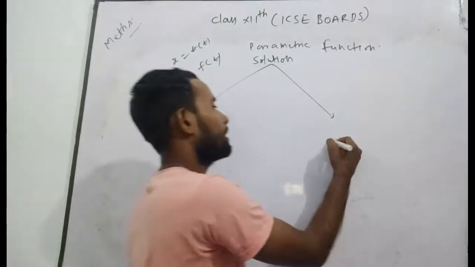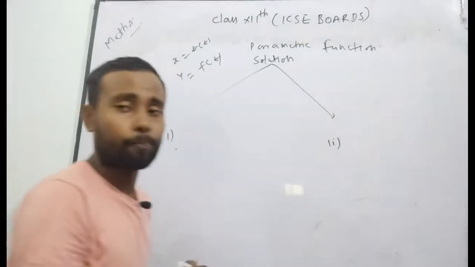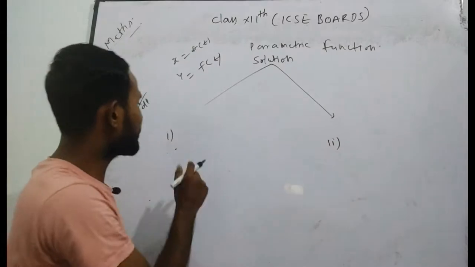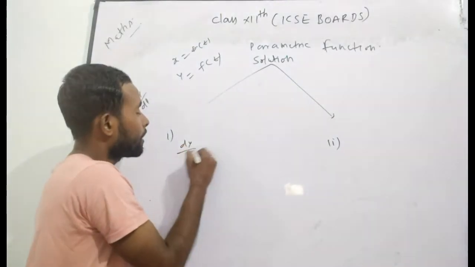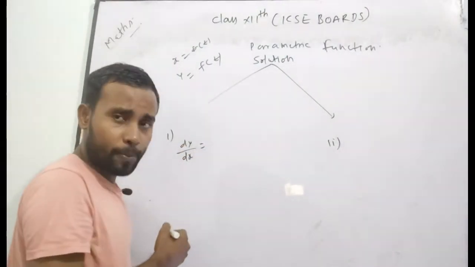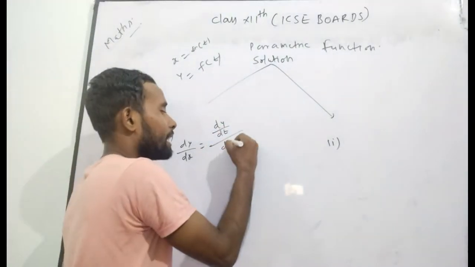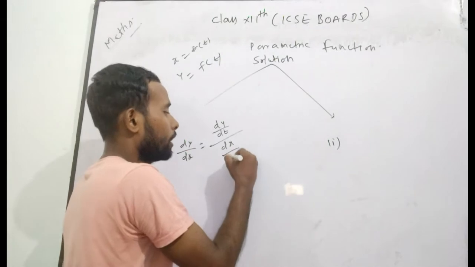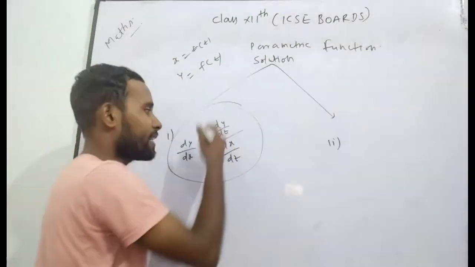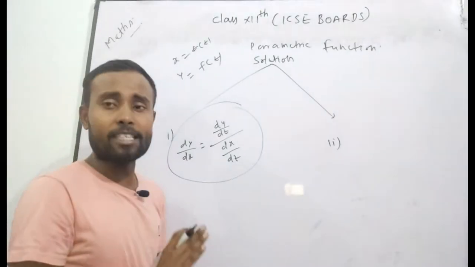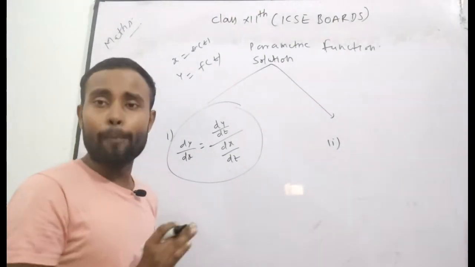What is the first method? The first method is a very simple method. In order to find the value of dy/dx, firstly find dy/dt, then dx/dt. Finally, after manipulating, it will give dy/dx. This is your first method, and this is a simple method.